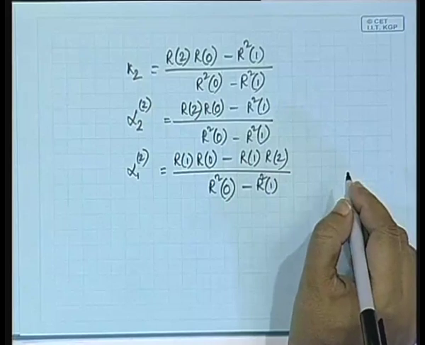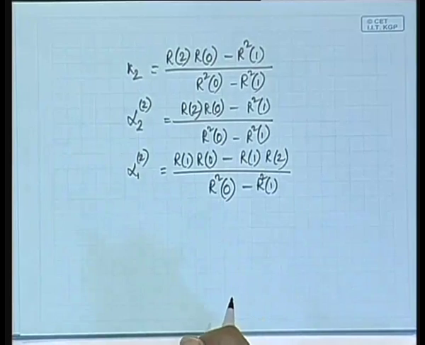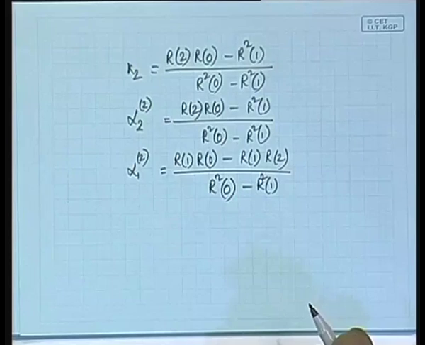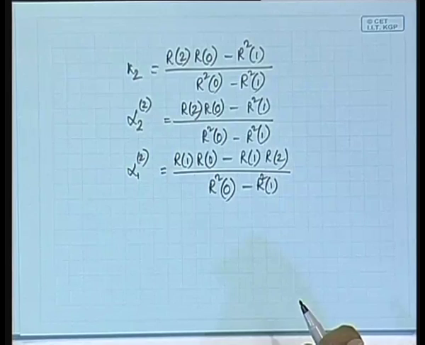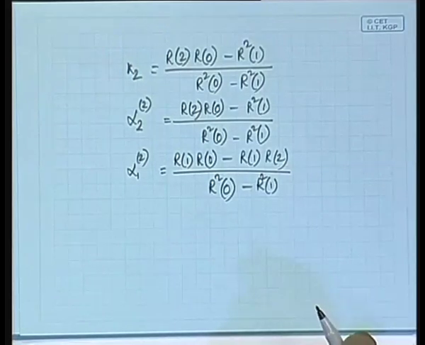And then what have we obtained? We have obtained alpha 2 second iteration, alpha 1 second iteration. Anything more we require? Do we have to go through another iteration? No need, because we have to stop the iteration for i equal to 2 in this case, because it is only up to P, and we are having P equal to 2.